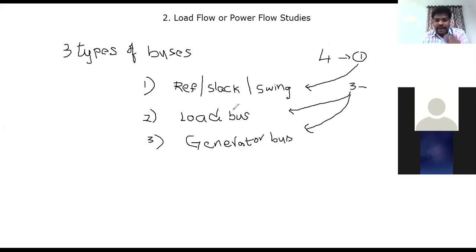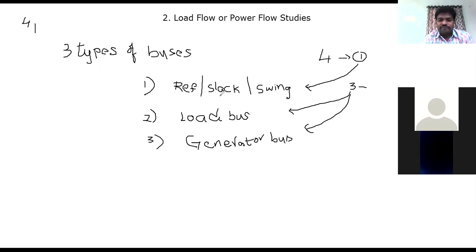Now, at each and every bus, you will have certain information that is specified. That means there are four quantities at a particular bus: V, delta, real power, and reactive power. Out of those four, some are specified parameters and some are unspecified parameters that you are going to find out by applying some techniques.